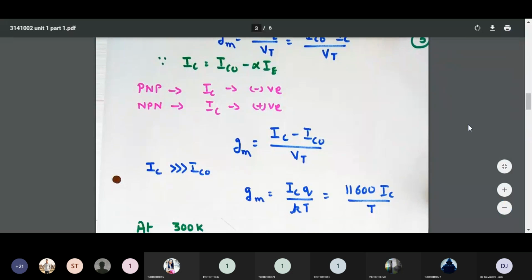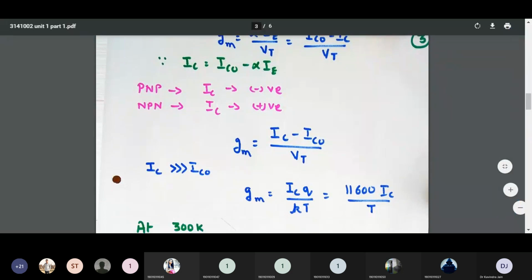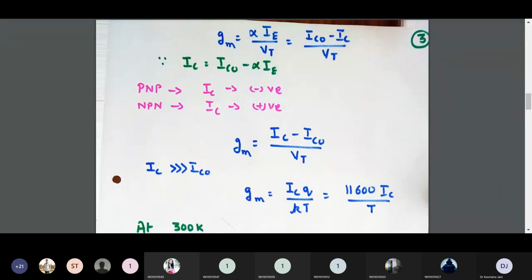Hence gm is positive, so I can neglect ICO. The final formula would be ICQ divided by KT, because I have replaced the value of Boltzmann constant. VT is equal to this. Hence it is this. Now, what is the value of Q?